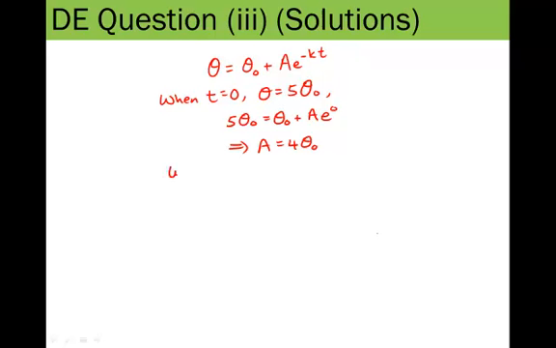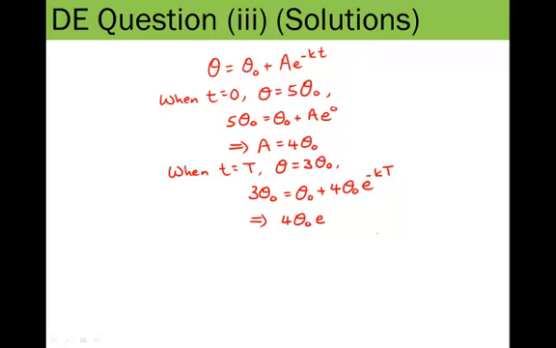Second piece of information, when t is equals to big T, theta is equals to 3 theta naught. And that gives us 3 theta naught is equals to theta naught plus A, but A is 4 theta naught, e to the power of negative k big T. That implies that 4 theta naught e to the power of negative k big T is equals to 2 theta naught.